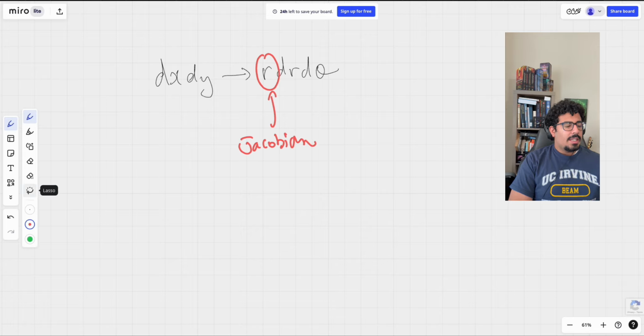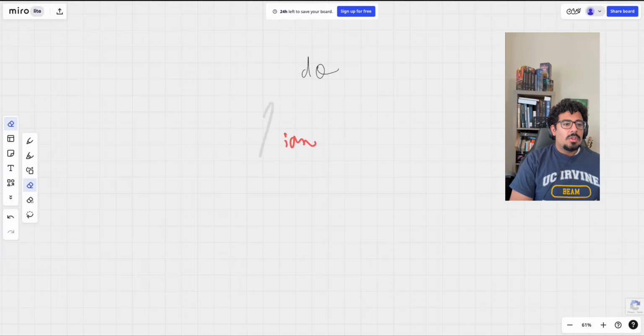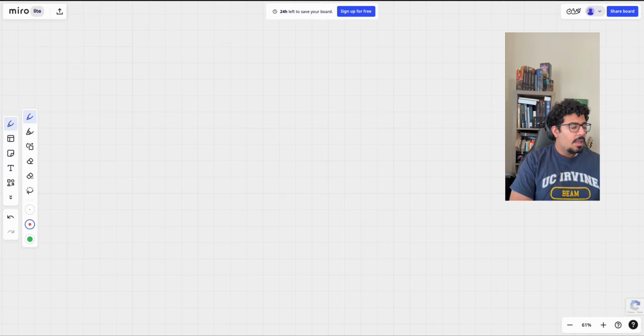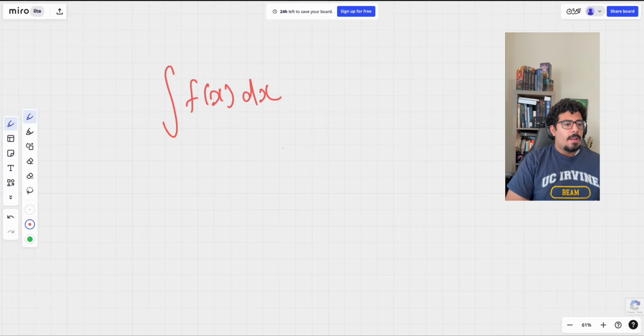Before we go into this example, I'm going to talk about a simpler example of what a Jacobian is through u substitution. Let's take a general integral of f of x dx, and let's say we're trying to do u substitution on this.